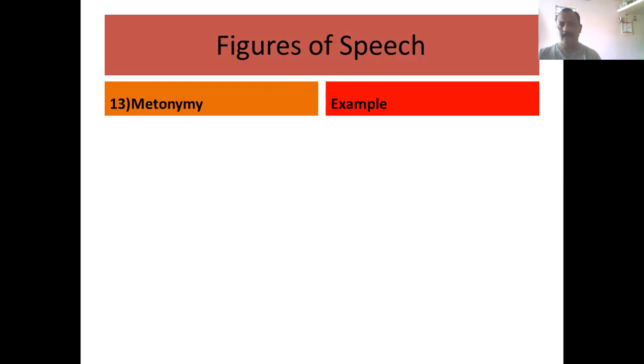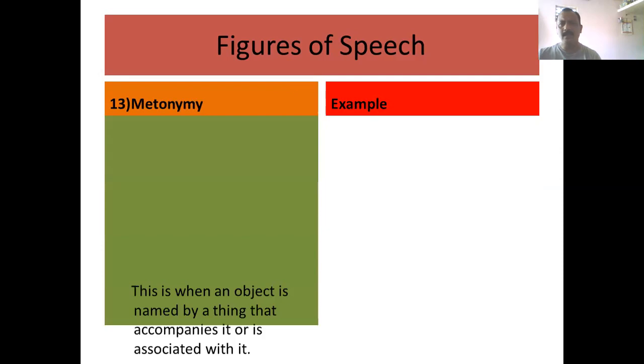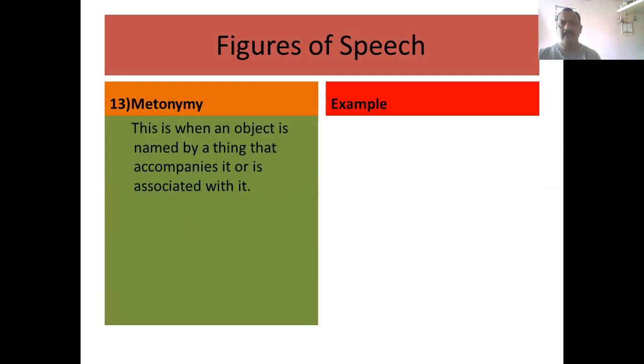Then today we are going to see the last figure of speech, metonymy. Here you will find that this is when an object is named by a thing that accompanies it or is associated with it.